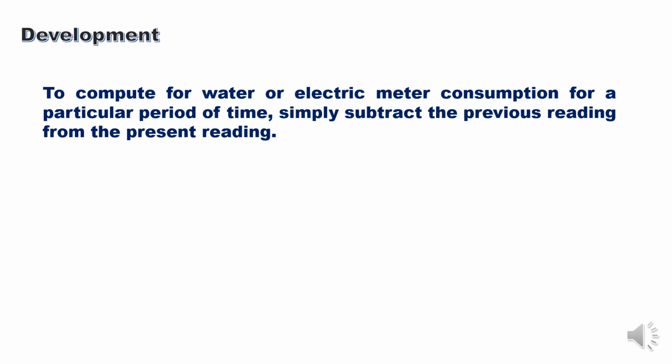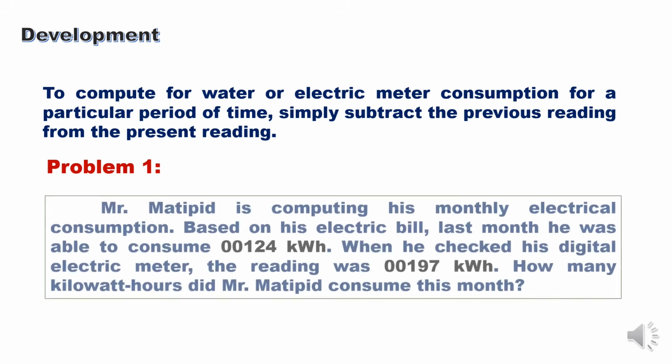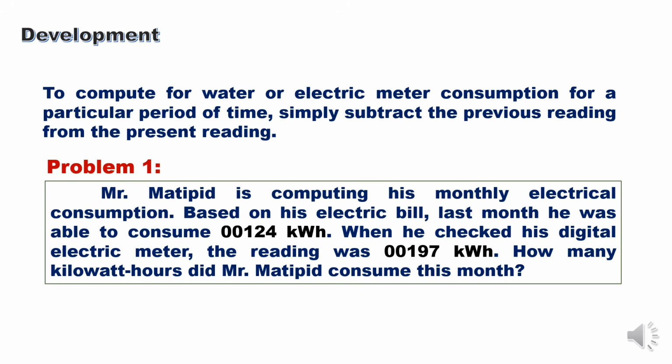To compute for water or electric meter consumption for a particular period of time, simply subtract the previous reading from the present reading. Problem 1. Mr. Matipid is computing his monthly electric consumption based on his electric bill.